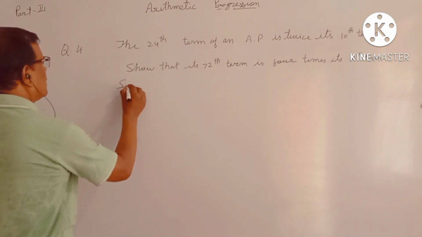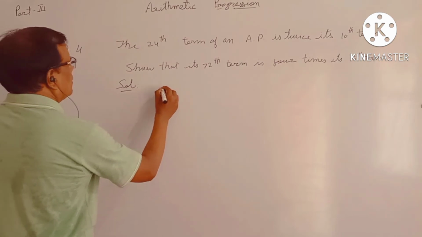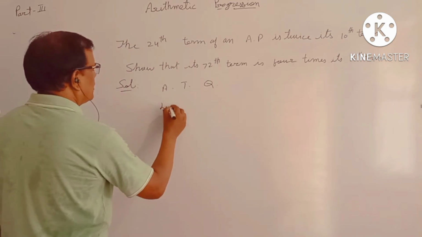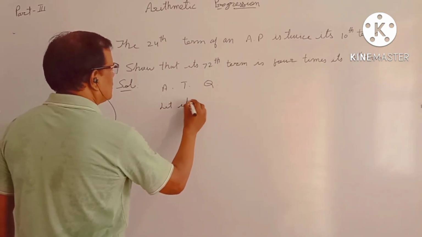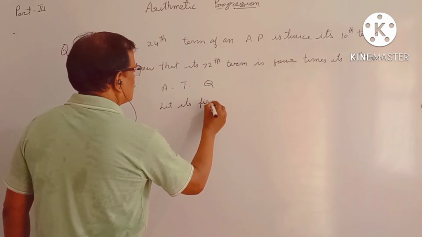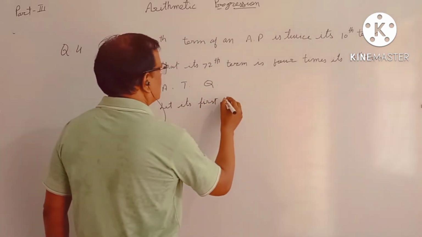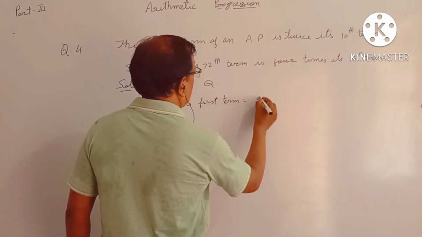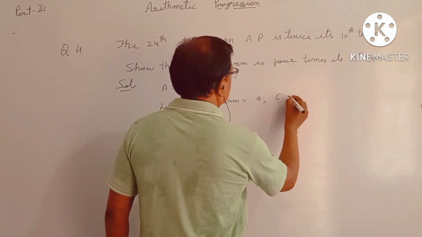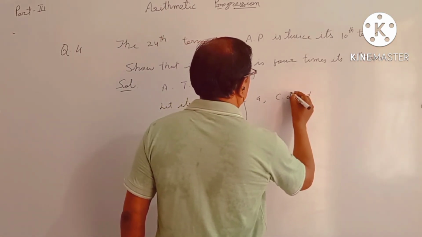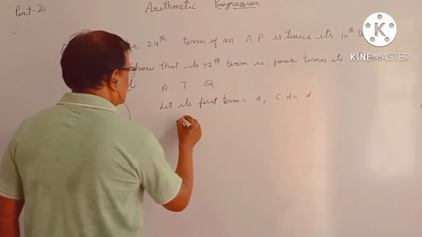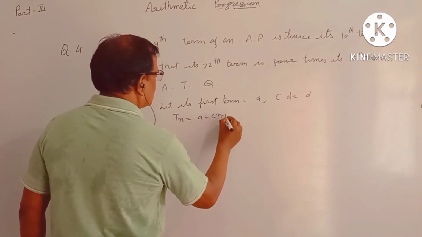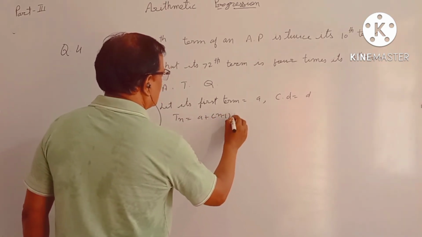Let the first term be A and the common difference be D. Now we know Tn equals A plus (n minus 1) into D.